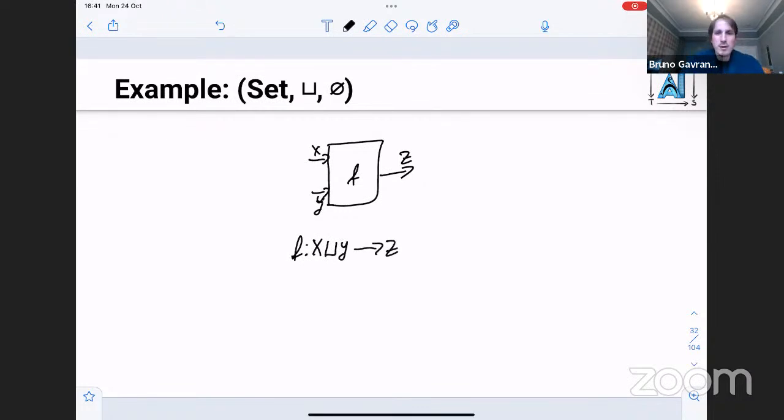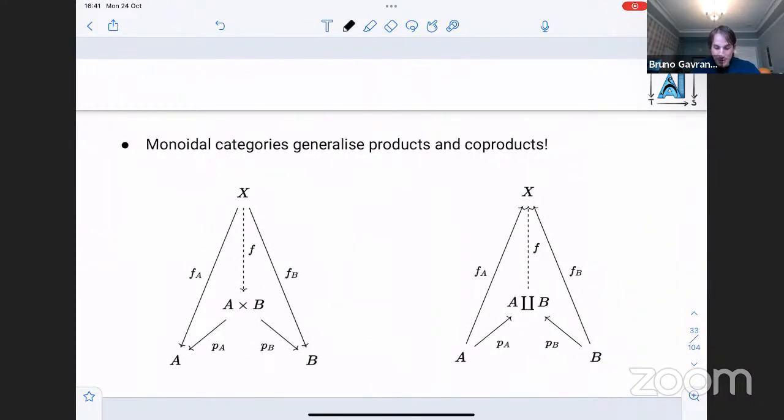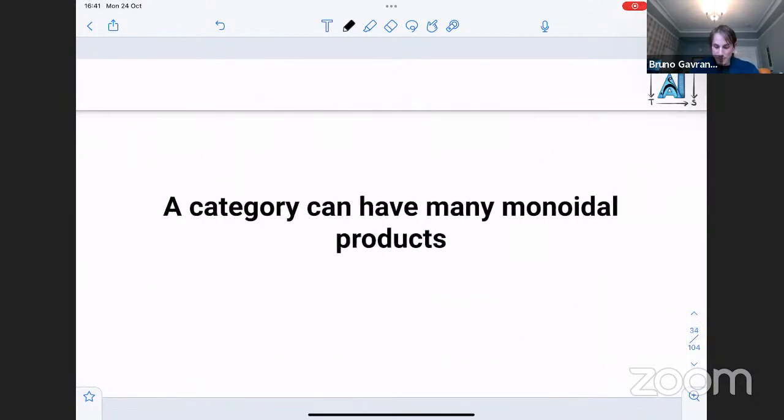So really what I want to make precise here is that I have to tell you what monoidal product I have on a category. If I just tell you the category, it could be ambiguous which monoidal product I think of, because there could be many monoidal products on a particular category.